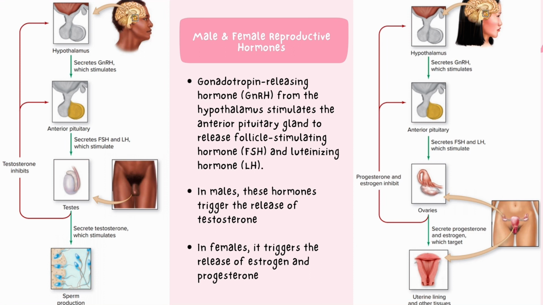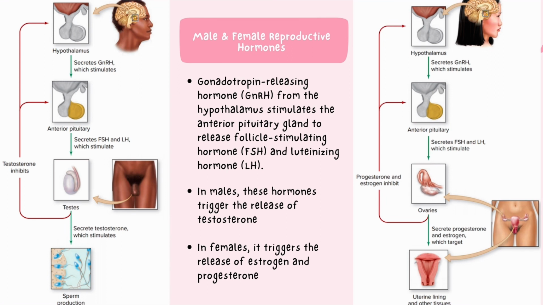This hormone directs the anterior pituitary to secrete the gonadotropins follicle-stimulating hormone, or FSH, and luteinizing hormone, or LH. Both are tropic hormones, meaning they can regulate the activity of endocrine cells or glands. They are called gonadotropins because they act on male and female gonads.